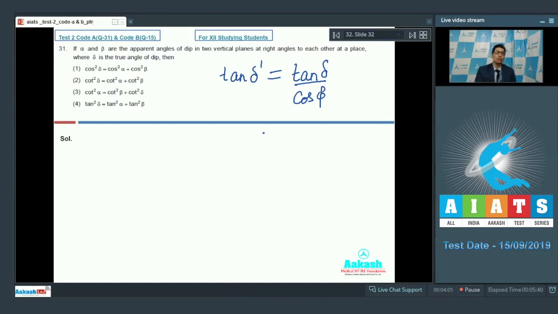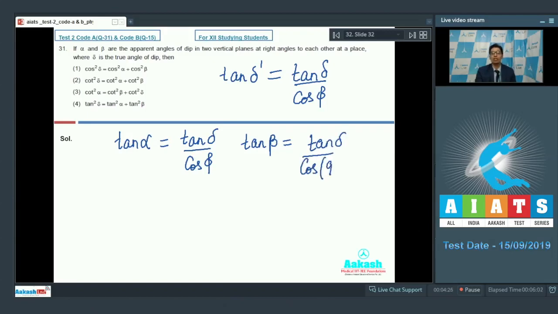So using this information, we can write that tan alpha, which is the apparent angle of dip in the first plane, is equal to tan delta divided by cos phi, and tan beta is equal to tan delta divided by cos of 90 minus phi, which can also be written as tan delta divided by sin phi.